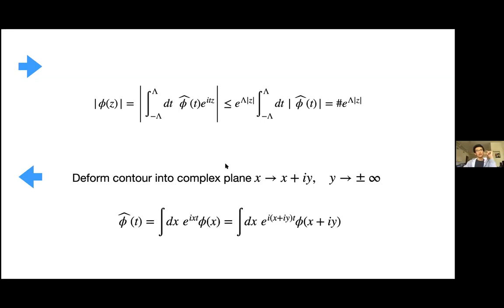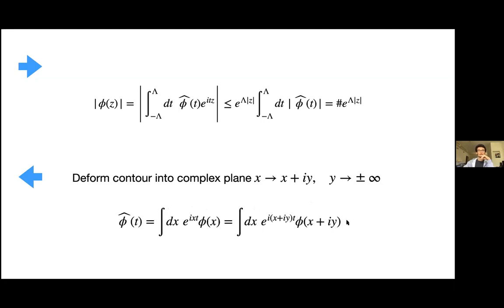The other direction is a little more complicated, but roughly the idea is that if you have a function phi which is entire and exponentially bounded, then you compute the Fourier transform and you can deform the contour parallel to the real line off to infinity.